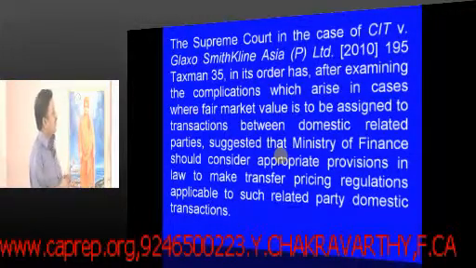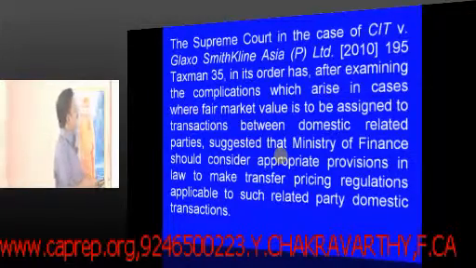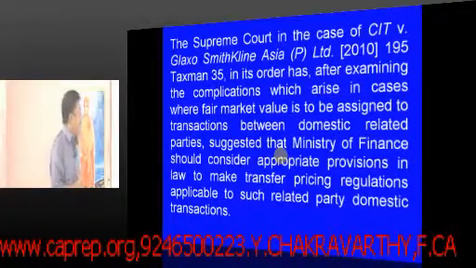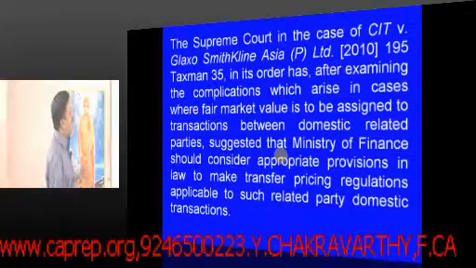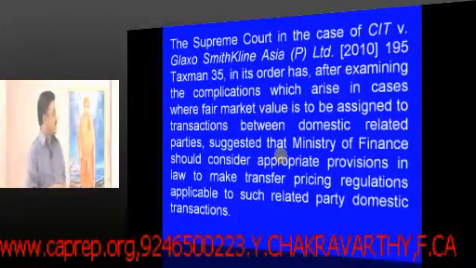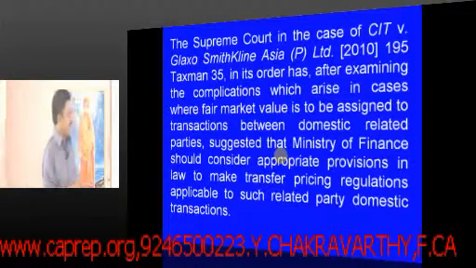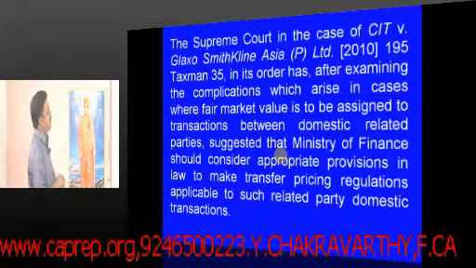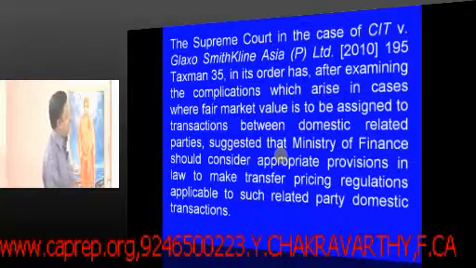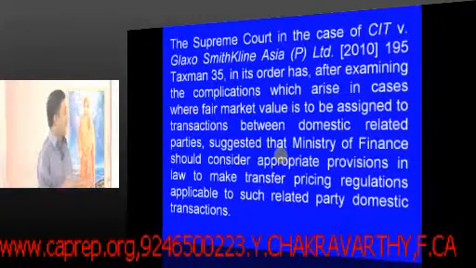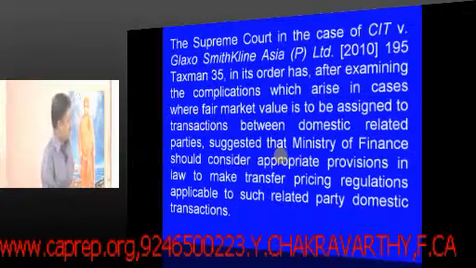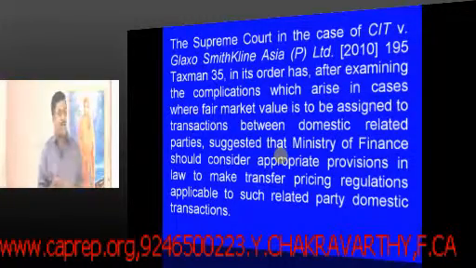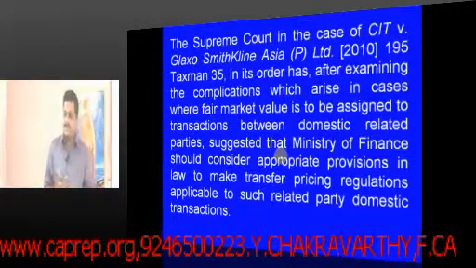The Supreme Court in the case of CIT versus GlaxoSmithKline said in its order, after examining the complications which arise in cases where fair market value is to be assigned to the transactions between the domestic related parties, that the Ministry of Finance should consider appropriate provisions in law to make transfer pricing regulations applicable to such related party domestic transactions.